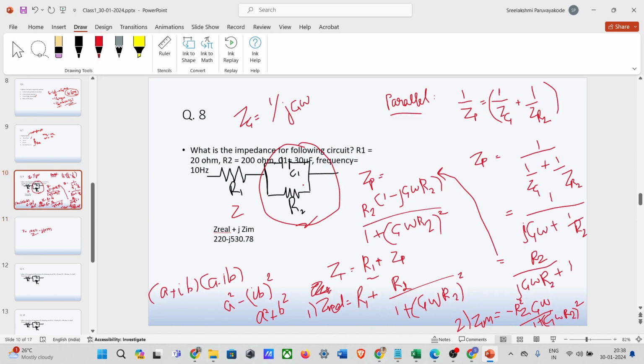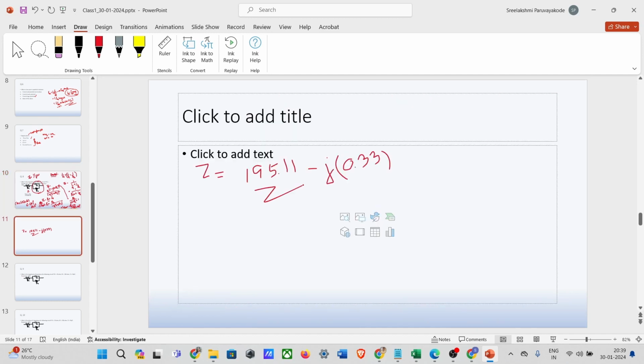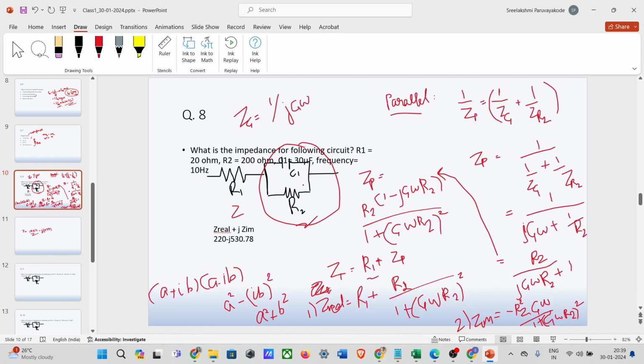So it is R2 square, which is nothing but 200 square, and you multiply that with C1. C1 is something which is 30 microfarad. I'm getting the same value again, ma'am. Okay, 0.33. Okay, just wait. Yes, ma'am, I'll also confirm.